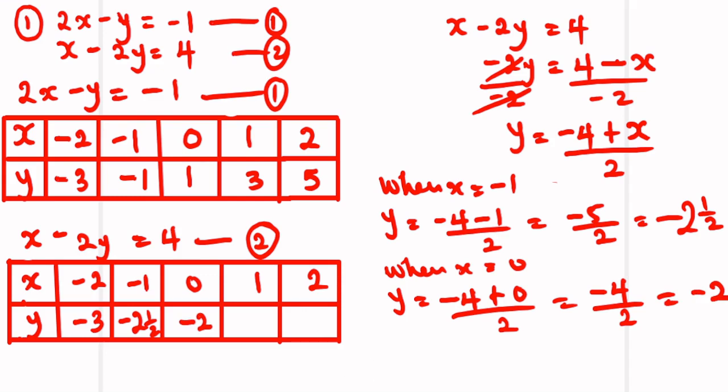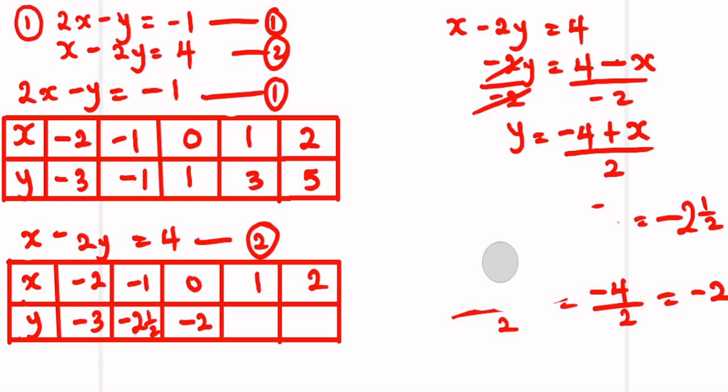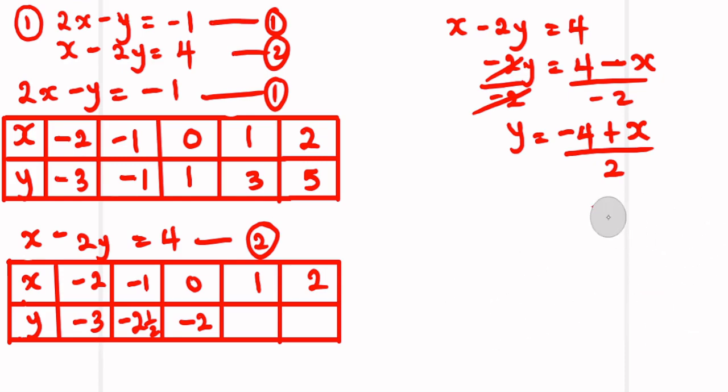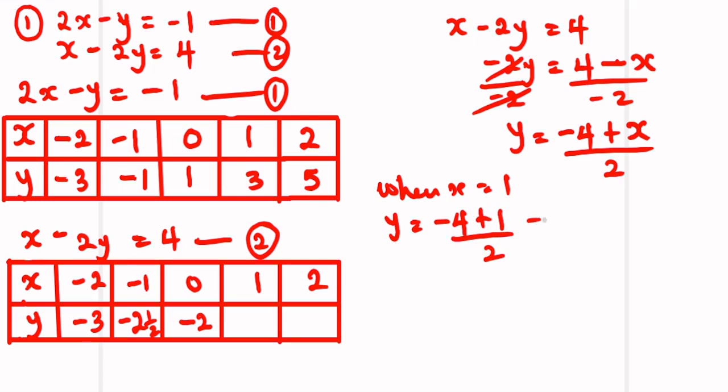So the next is when x is 1 and 2, positive 1 and positive 2. So when x is 1, we're going to impute it, y equals to minus 4 plus 1 all over 2, minus 4 plus 1 is going to give us minus 3 over 2.